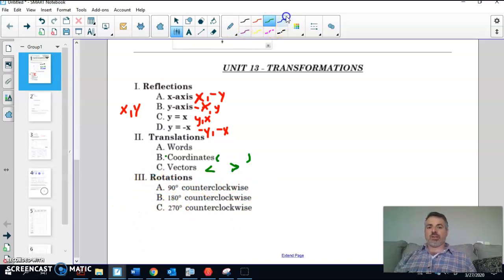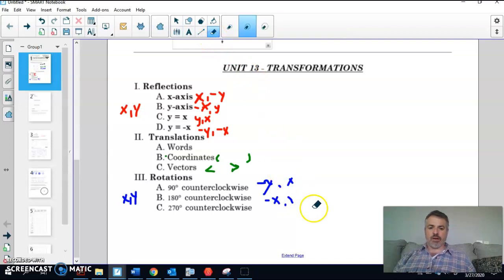So again, on the rotations, if I have (x, y) as my pre-image, there are common patterns where you turn the paper. Remember the 90-degree one, you end up with (-y, x) as your image point. Then when you do it 180 degrees, you change them both negative, so the image point would be (-x, -y).